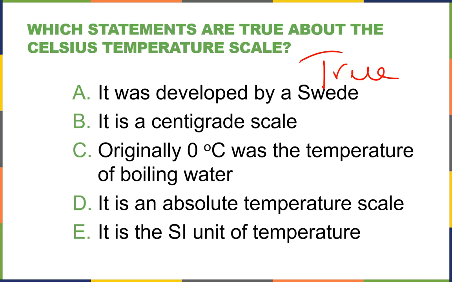It is the centigrade scale. True or false? True. We've got some variation here. Initially, it would have been true because 0 degrees was the temperature of boiling water and 100 degrees was the temperature of freezing water. It's a difference of 100 degrees. After Celsius died, it was turned over by Linnaeus. It was still 100 degrees, so it's still centigrade.